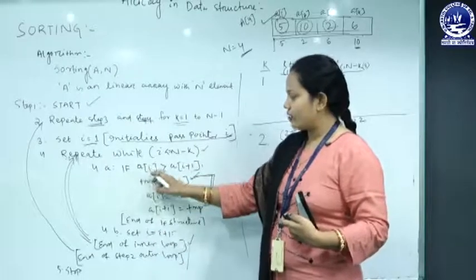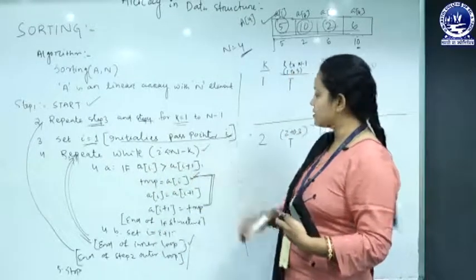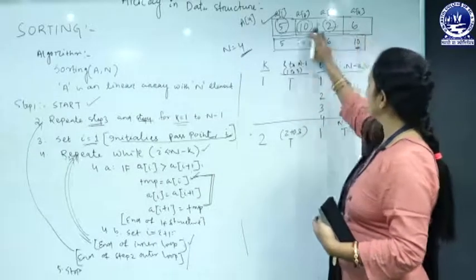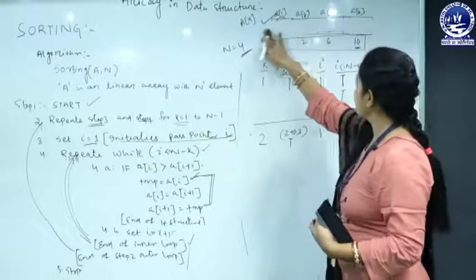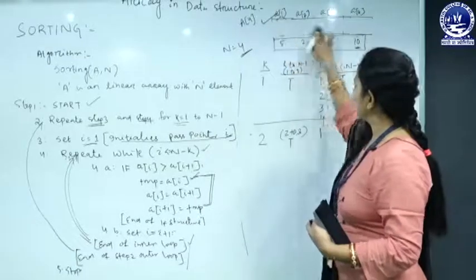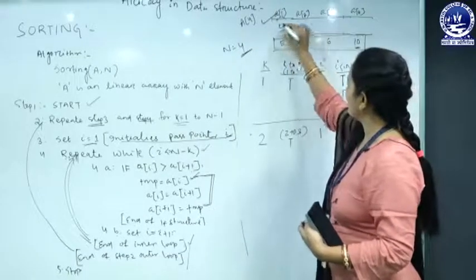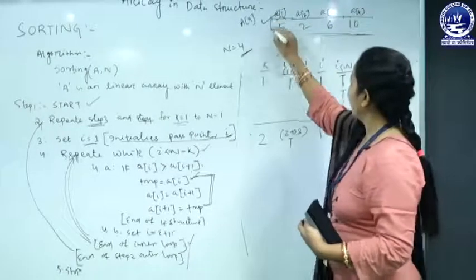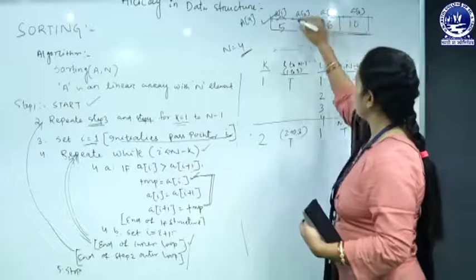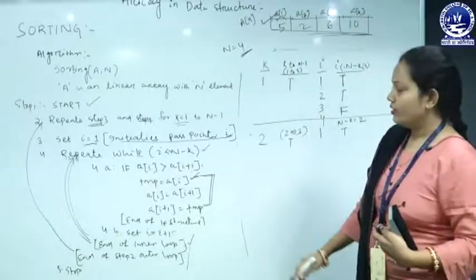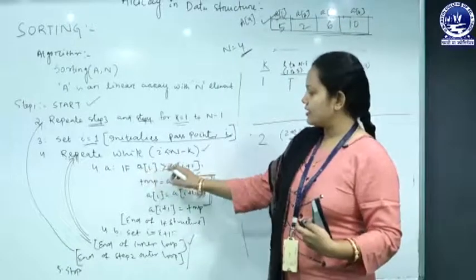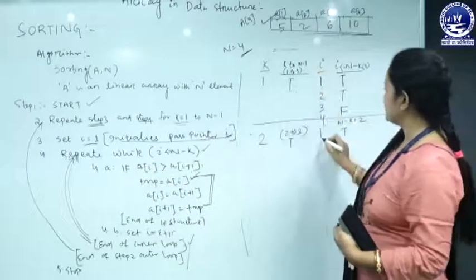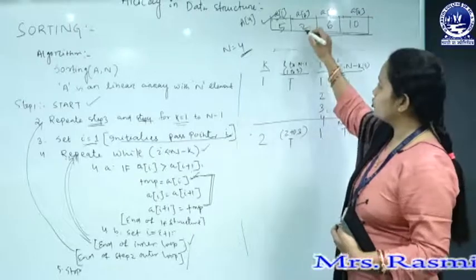So if A of I is greater than A of I plus 1, that means again we will compare. This is our new array, that is 5, 2, 6 and 10. When we compare A of I greater than A of I plus 1, I is 1, so 5 compares with 2.